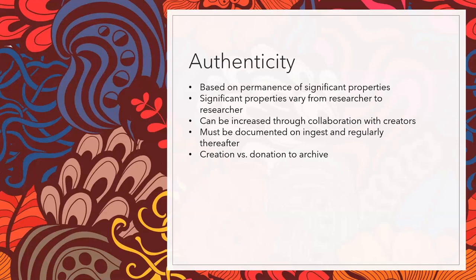Should archives intervene and at least attempt to make records coming into the archive as authentic as possible and as close to the shape of the record as it was when the record was created? Or should they really just be concerned with maintaining the authenticity of a record once it comes into the archive?